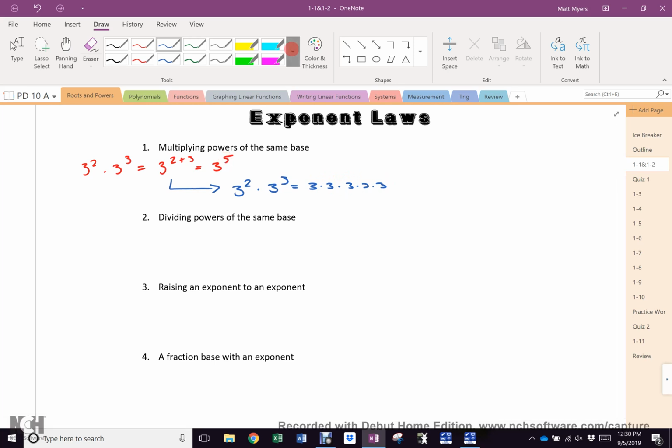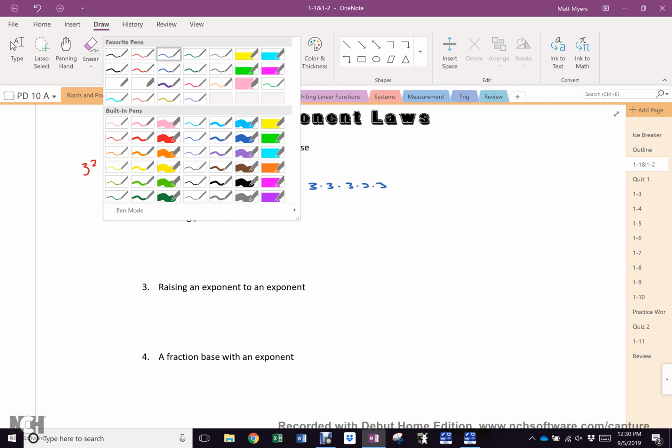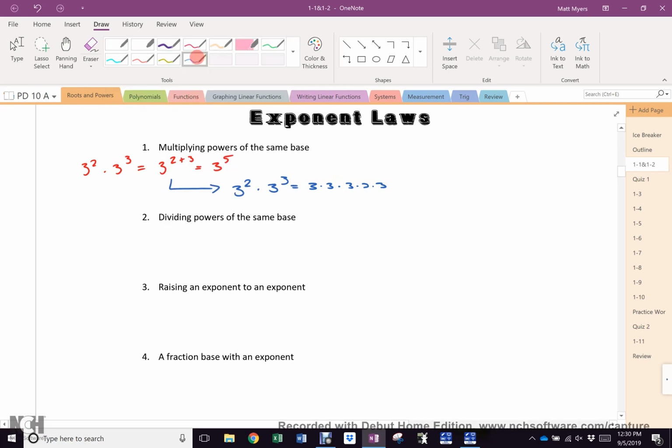Excellent. Now, we are going to write over here on the side in this yucky blue that I don't really like. It's light blue. The rule here, or the law: x to the a times x to the b equals x to the a plus b.